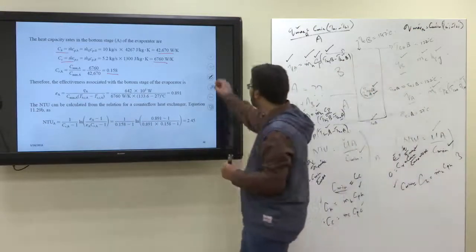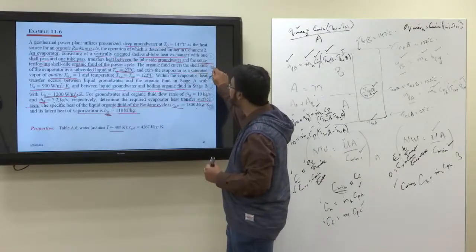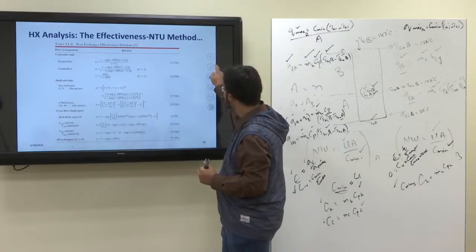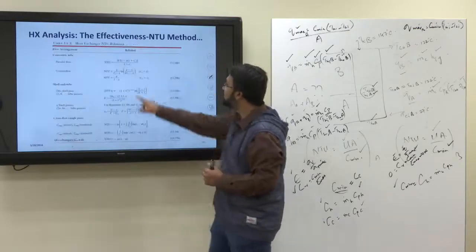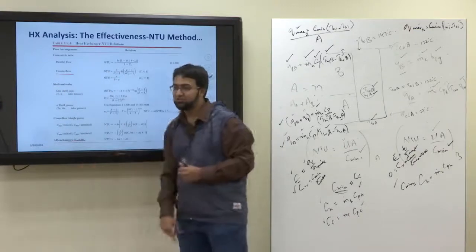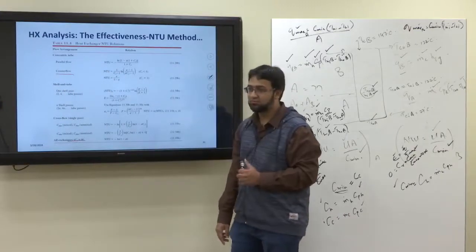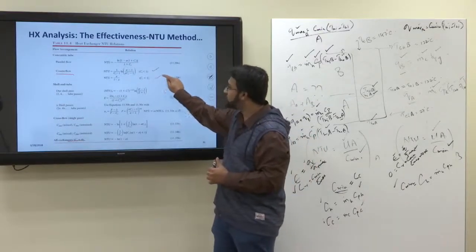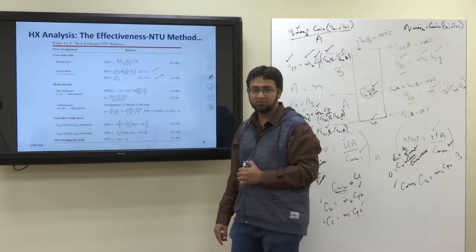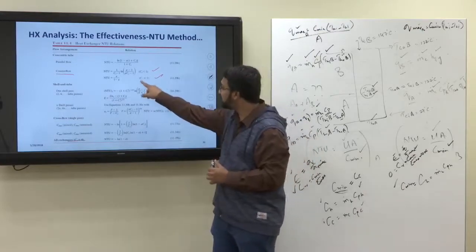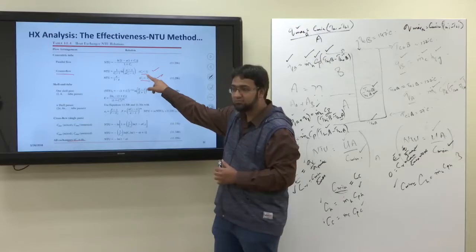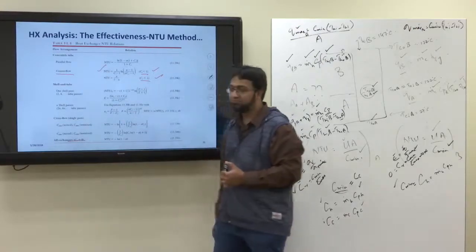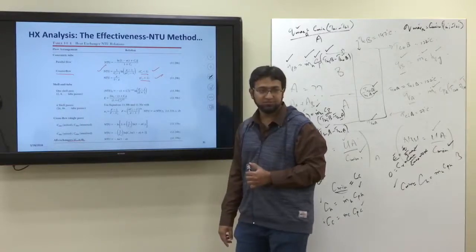For a counterflow heat exchanger NTU, I suggest going to the graph, so you can use this. Is CR equal to 1 or less than 1? It's less than 1, so you will use this formula. Is it clear?